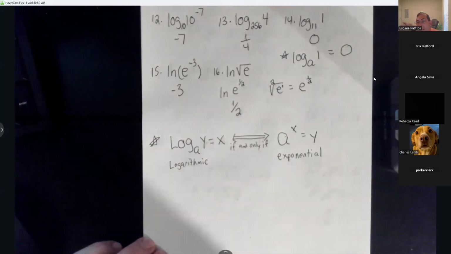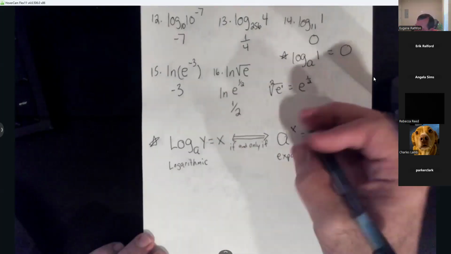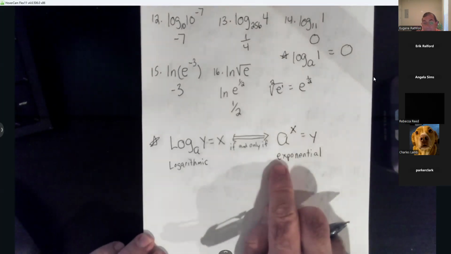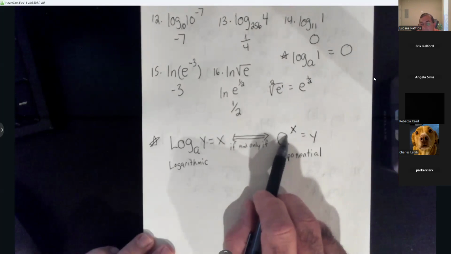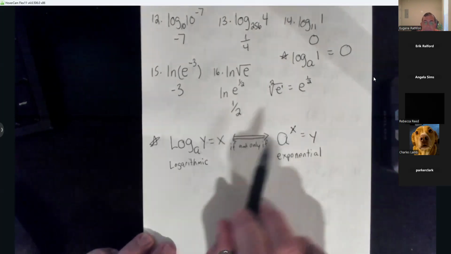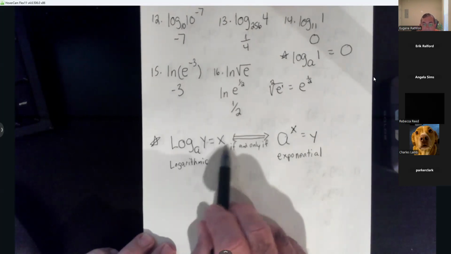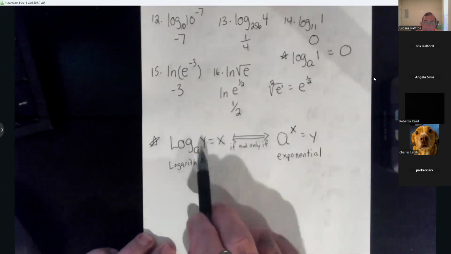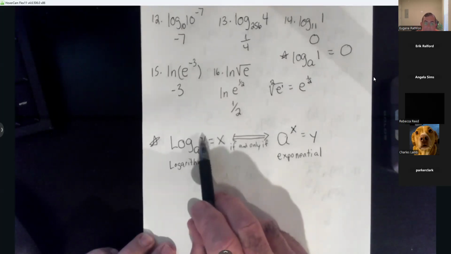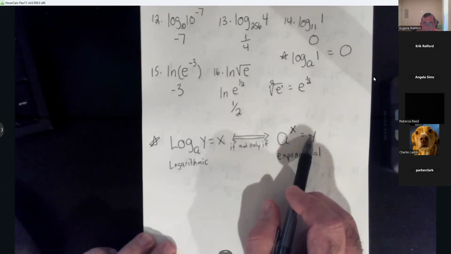But next week when we start solving equations, we got to be able to switch between one or the other, okay? So look here. The base of the logarithm is the base of the exponential. The exponent, or the answer of the log, is the exponent of the exponential. And then the result is the same as the result of the exponential, okay?